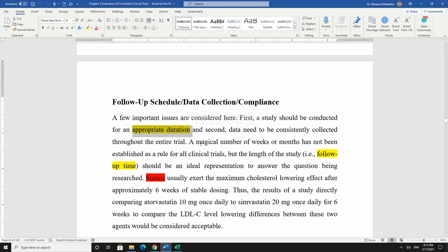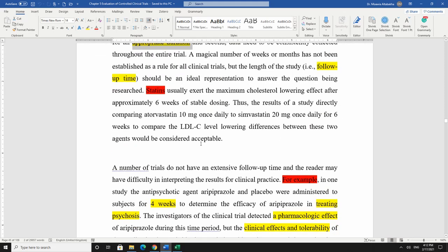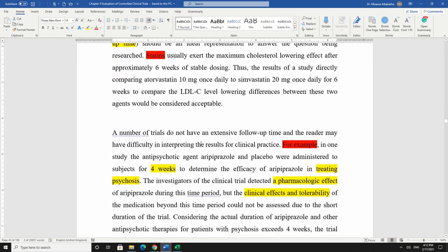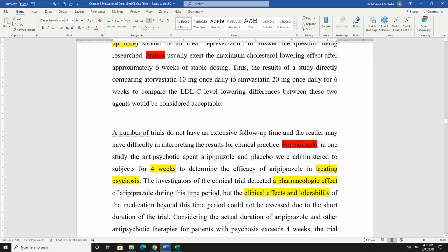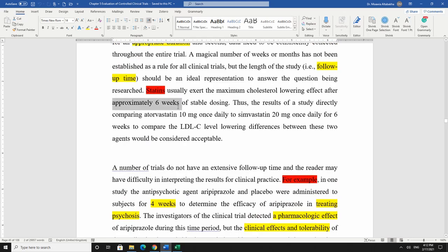For example, I'll give you an example. Cholesterol level. Cholesterol level can be determined in about 6 weeks. Okay, the drug can give its maximum effect within 6 weeks. So the trial should be at least 6 weeks.